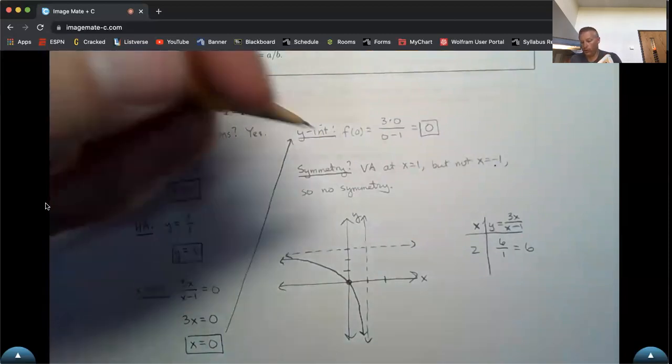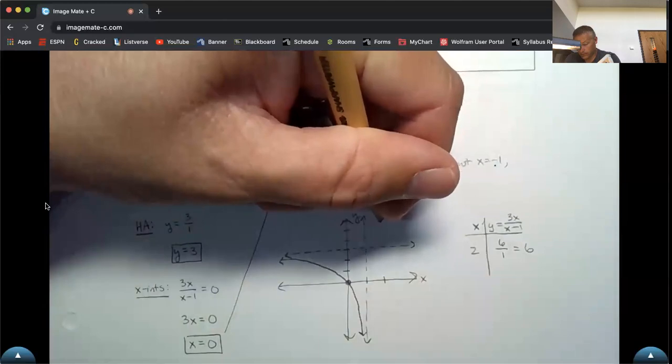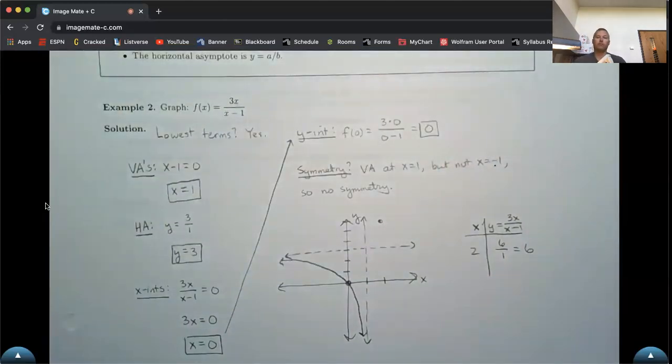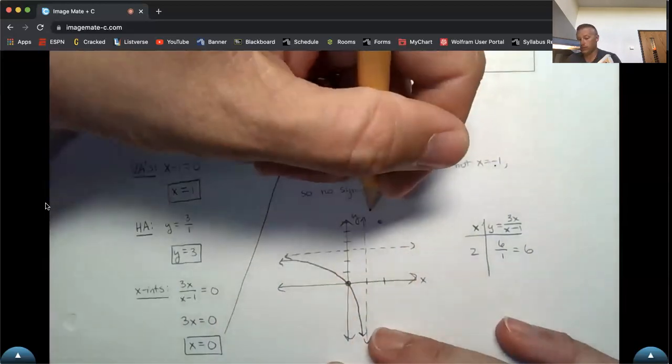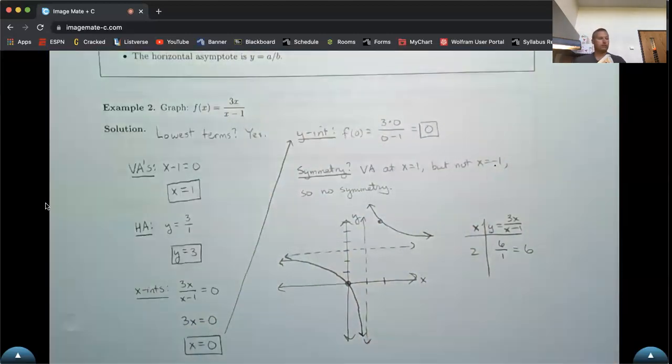So when x is 2, y is 6. So we get a point way up here. This point is to the right of the vertical asymptote and above the horizontal asymptote. So we'll just sketch a graph that continues that trend. And now we have the graph of 3x over x minus 1.